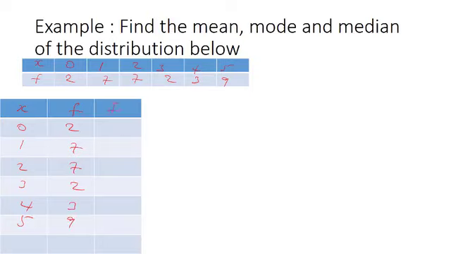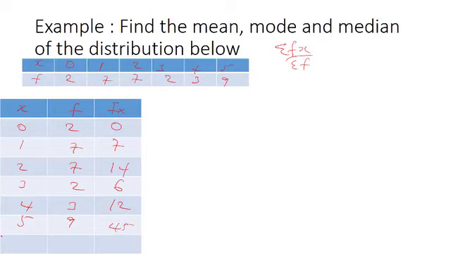So this point becomes our fx, because when you have data and frequency, our mean is equal to summation of fx all over summation of f. That was what we stated earlier. So our fx: 0 times 2 is 0, 1 times 7 is 7, 2 times 7 is 14, 3 times 2 is 6, 4 times 3 is 12, and this is 45.